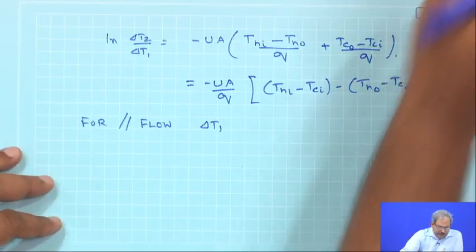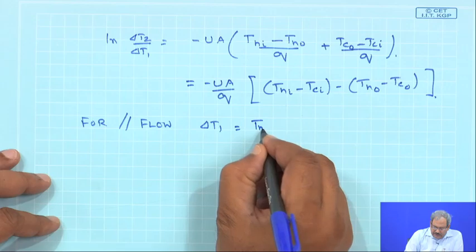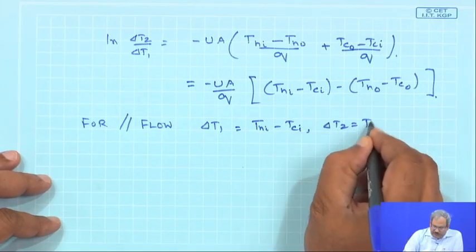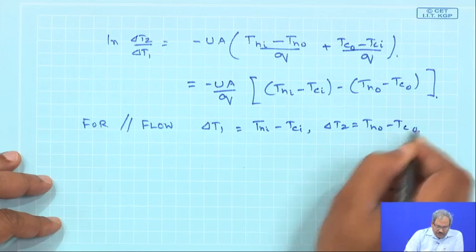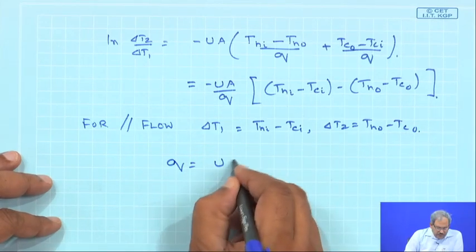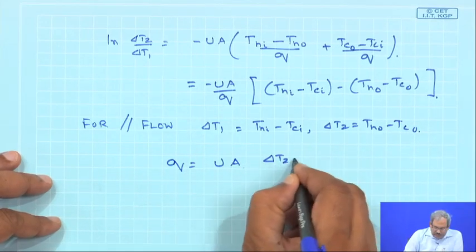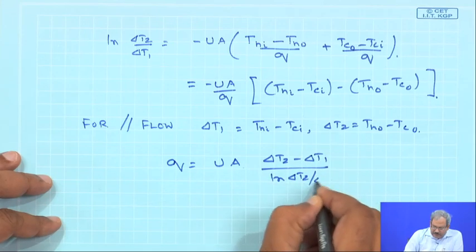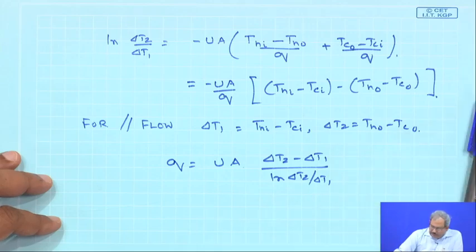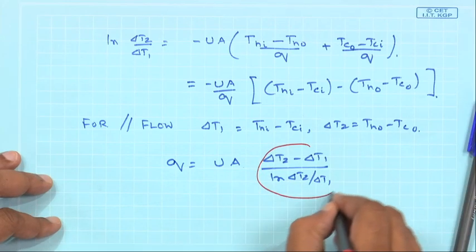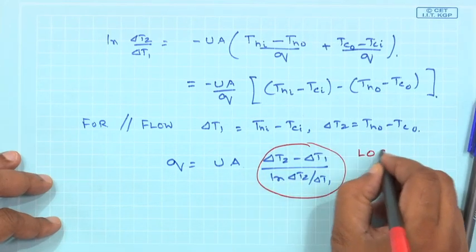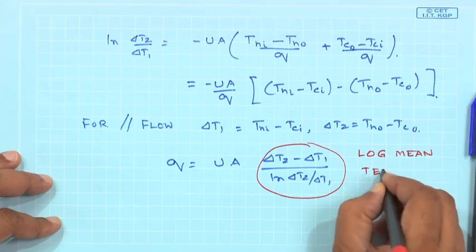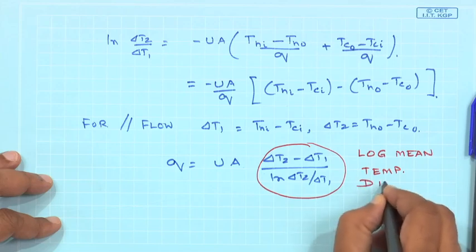So, for parallel flow, delta T 1 is T H I minus T C I, and delta T 2 is T H O minus T C O. So, therefore, Q is U A times (delta T 2 minus delta T 1) by ln delta T 2 by delta T 1, where this term is simply the log mean temperature difference.